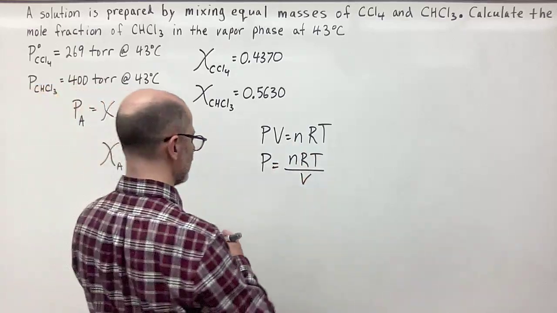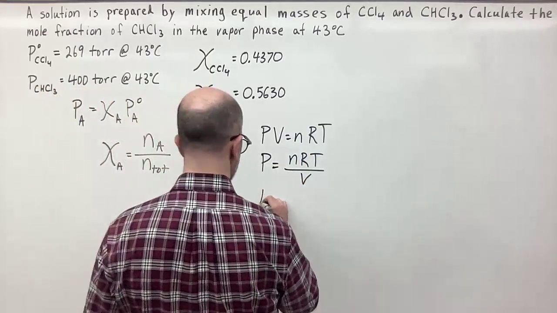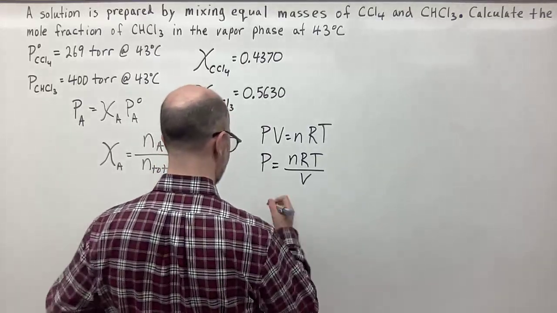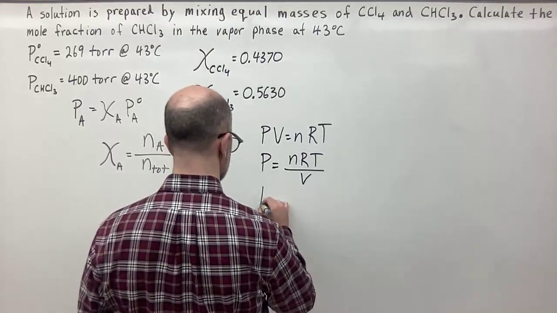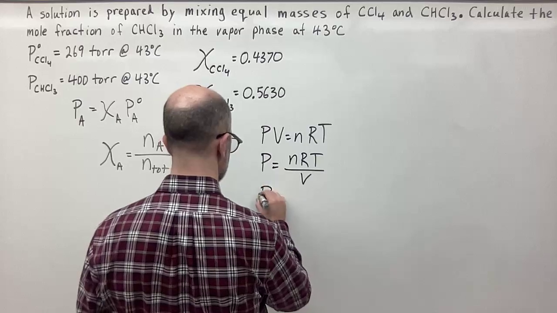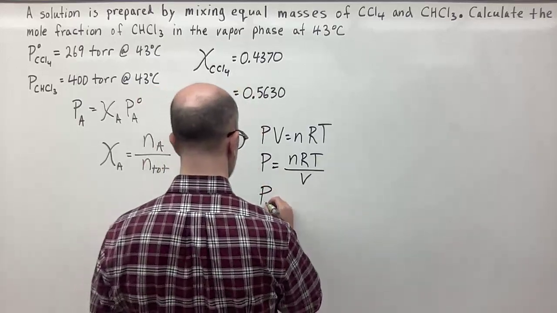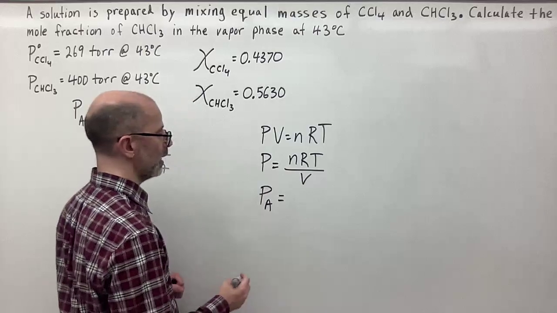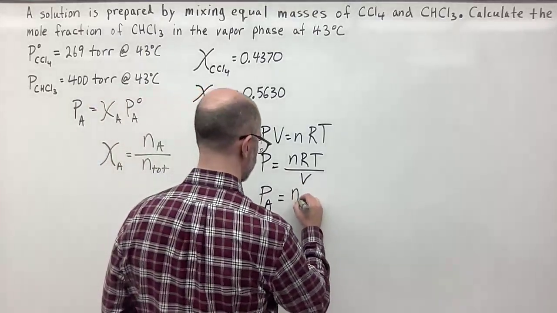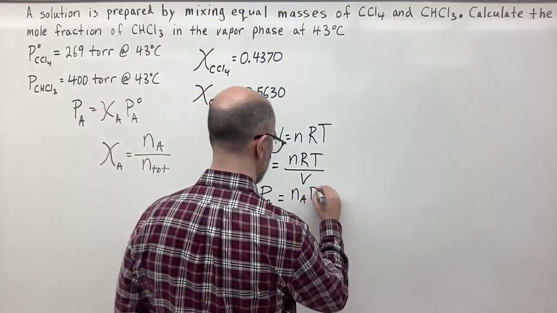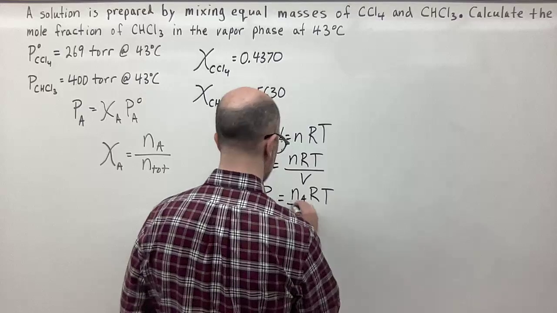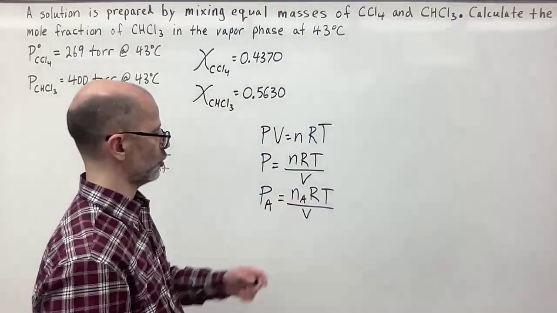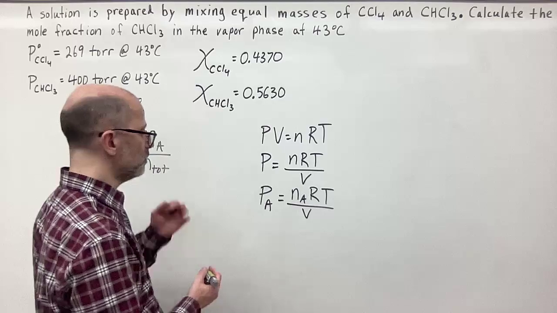So we could find the pressure of, for example, some substance A, and that's going to be equal to the moles of A multiplied by RT and divided by V. V for volume, T for temperature, R is your ideal gas law constant.